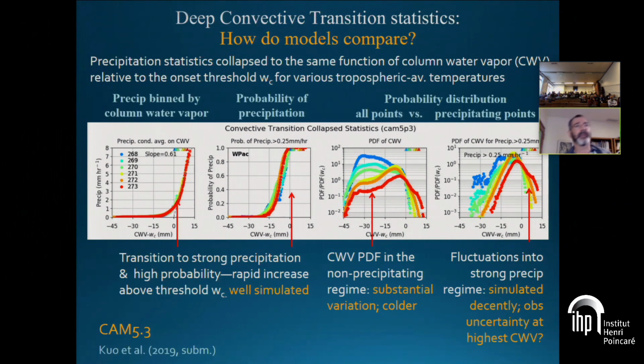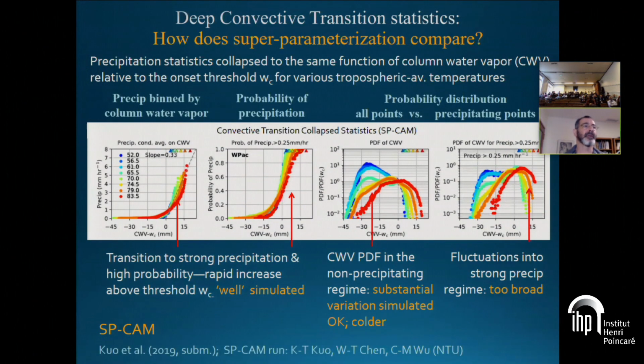And I should point out that if you're going to use these models for global warming, the fact that you're doing things a little oddly in the high temperature, high water vapor regime is something that would be of concern. We can just briefly check what happens if you switch to a super-parameterized version of this same NCAR model.